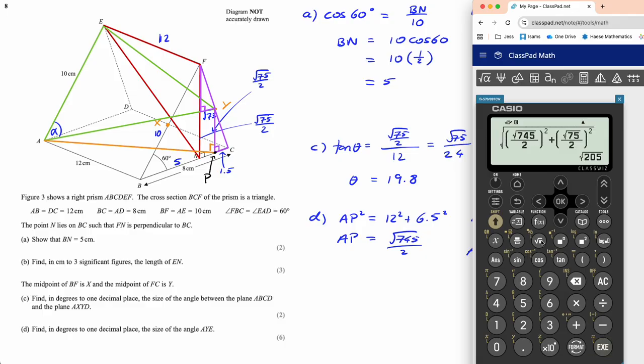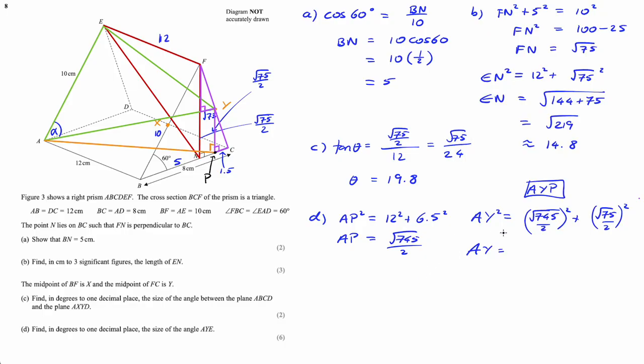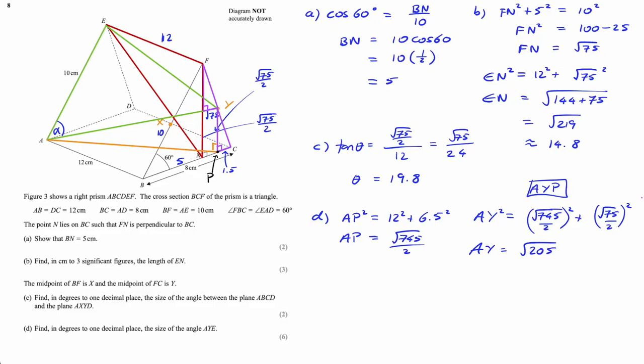Okay, this gives me root 205. So AY is root 205. So now I have AY. Let's just highlight this, guys. I have AY and I have AF.